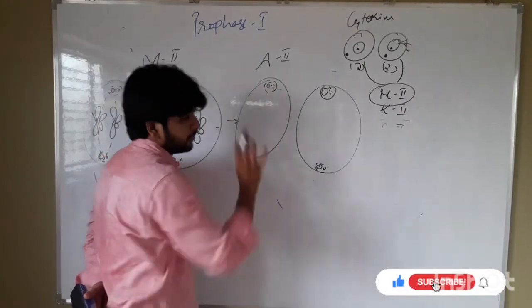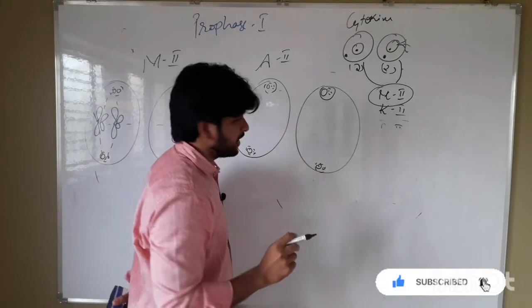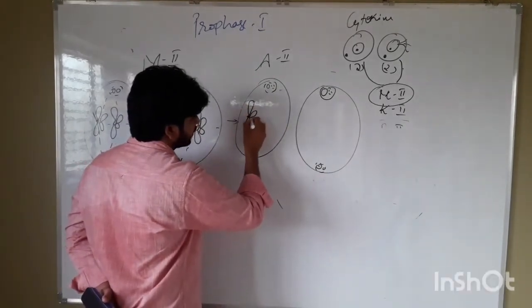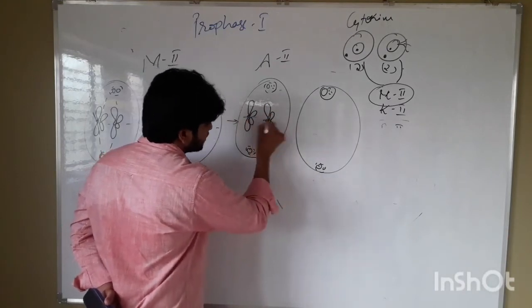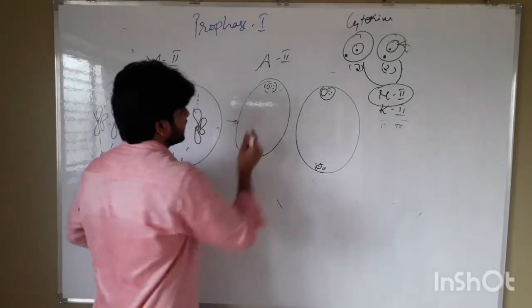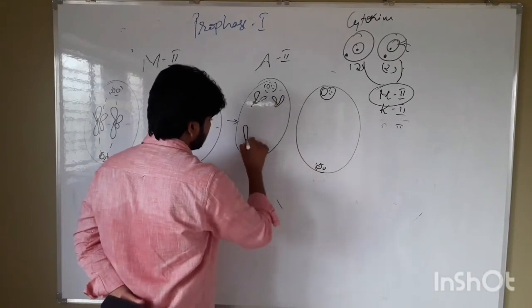I mean, the centrioles are taking back their spindle fibers. As a result, tension is created in the centromere, and the centromere breaks and sister chromatids get separated.